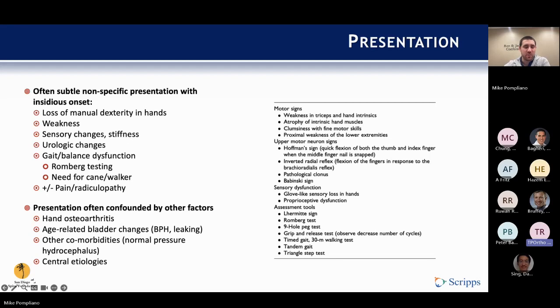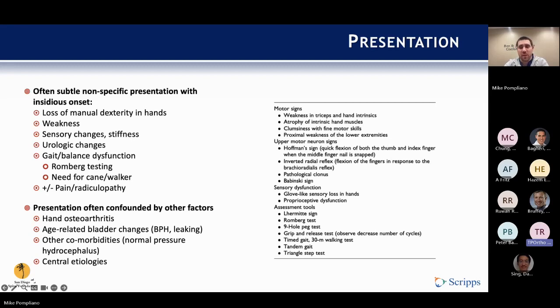This presentation with respect to the misdiagnosis is also very difficult because it's confounded by other factors. So yes, a patient may have decreased grip strength, but if they're having associated hand osteoarthritis, then that can be contributing as well. There's a lot of typical bowel and bladder changes that happen as patients age, especially with men and BPH or females with leaking. It's important to ask about changes in that over the period of time they've been having other symptoms.